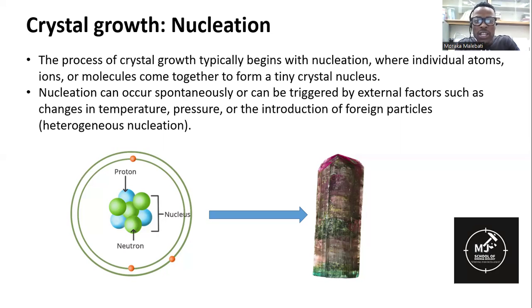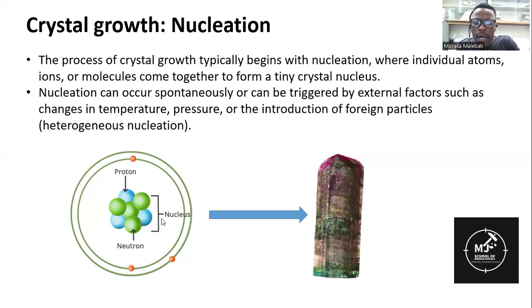Nucleation occurs spontaneously. Sometimes you don't have to force it to happen. It will happen automatically, or it can be triggered by external factors such as temperature, pressure, or the introduction of foreign particles. So that's the process called nucleation.